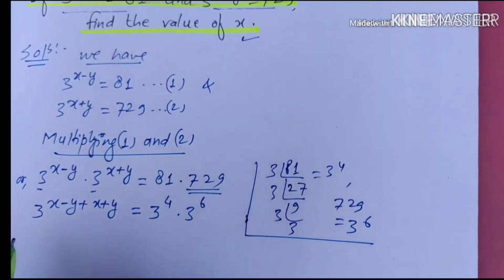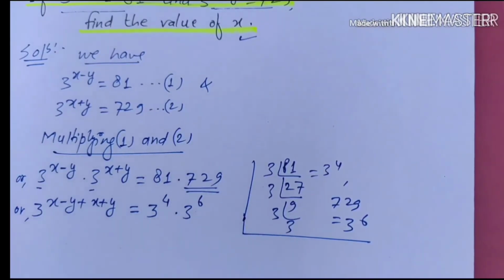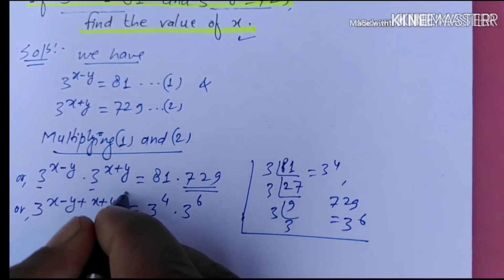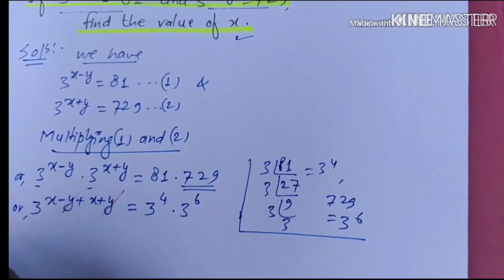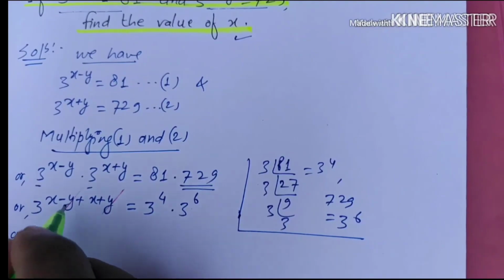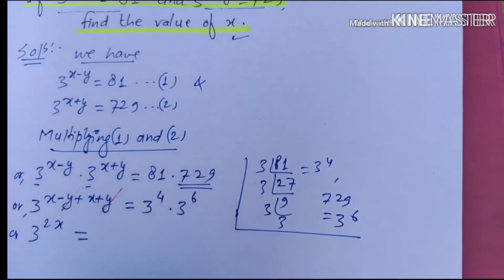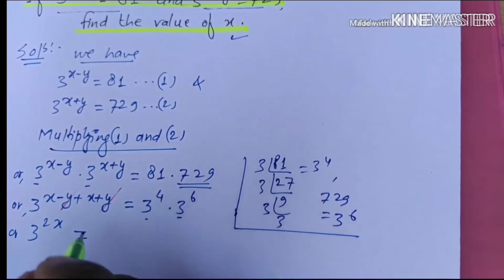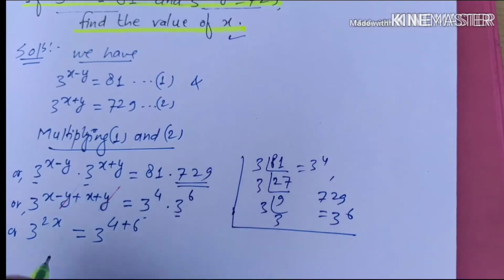So here you can write this term, this plus term and this minus term will cancel out each other. Then remaining term is 3 power 2x. This 3 and 3 can be taken as common, their power can be added, 4 plus 6.